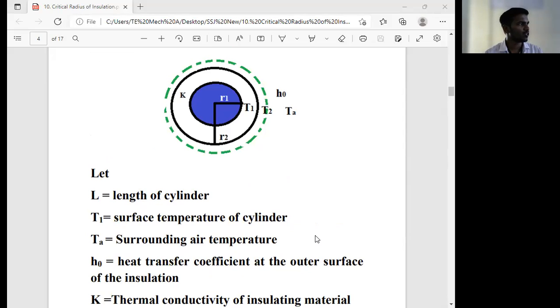What is the length of cylinder? We have to consider length as capital L. Surface temperature of the cylinder is T1. Surrounding temperature is TA. K is thermal conductivity of the insulating material.